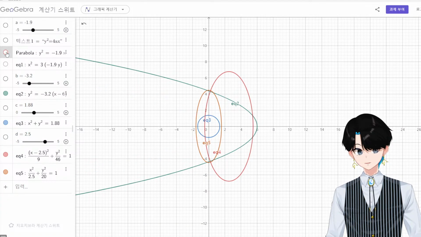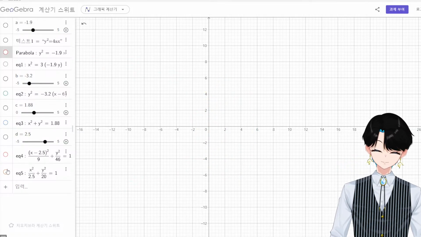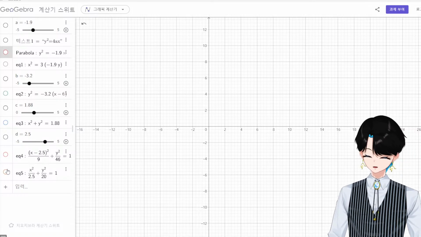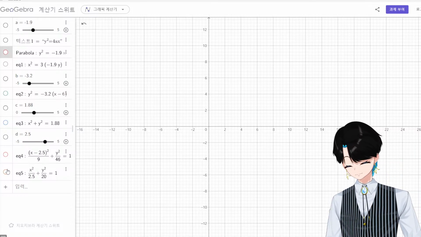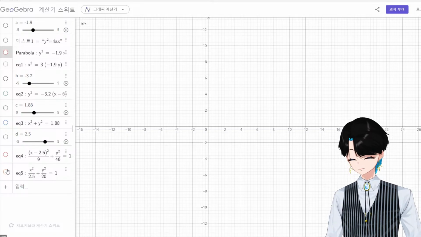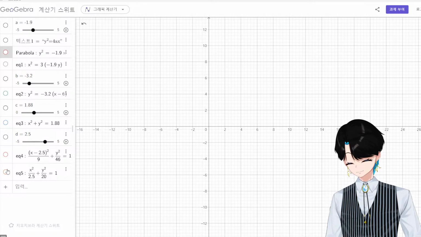Hey, what if I do the eccentricity, you know, the thingy? How do I do this? From the sphere to the ellipse to the parabola to the hyperbola.